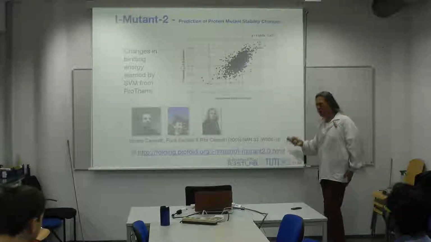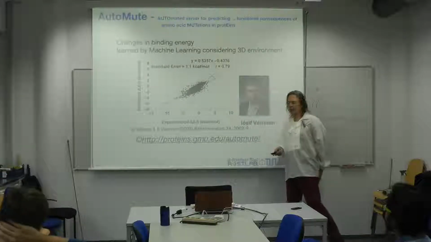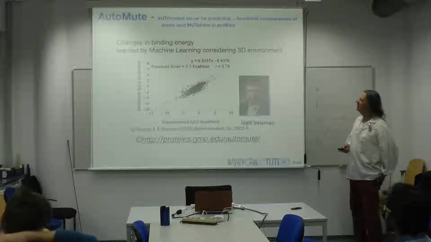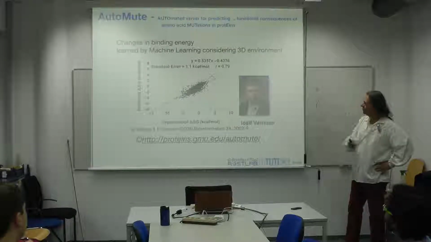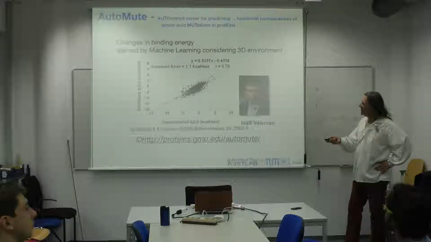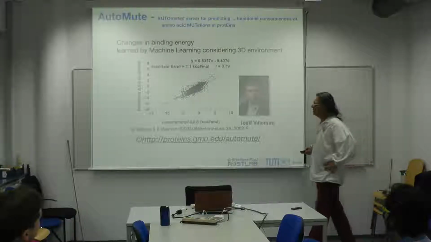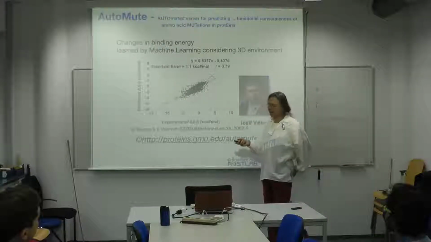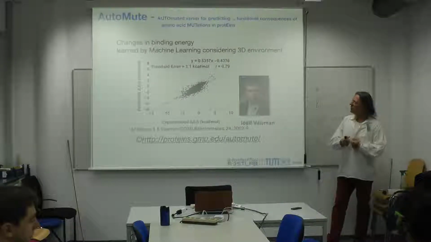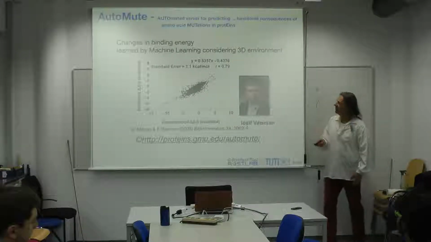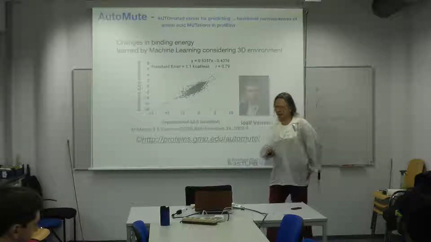Let me just keep going, I believe there are three more. Here is the one from Joel Janin's colleague Josef Weizmann. This is a slightly different data set of delta G, but other than that, a similar idea. Josef started with a more geometrical model, but also ended up with machine learning.